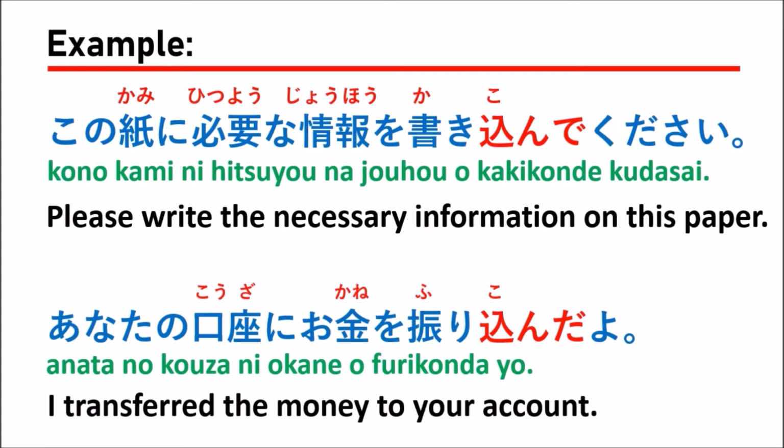And the next, the second sentence, we see that they use the verb furu, right? When you change to the masu form, it's furimasu. And when we cut out the masu, we are left with only furi, and end with komu. So you can say furikunda yo, right?